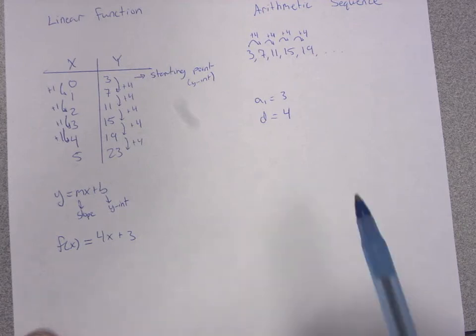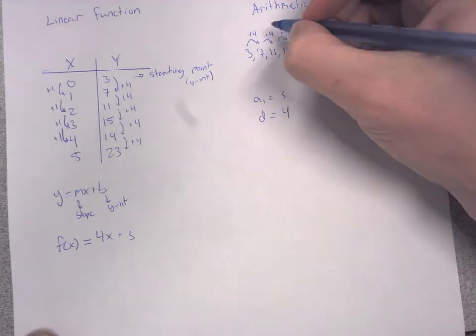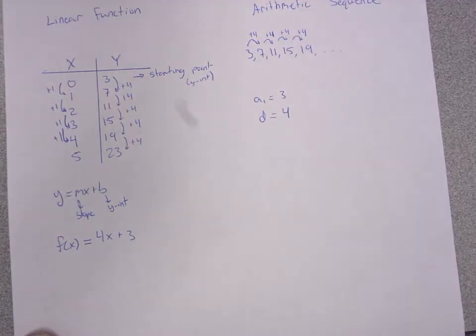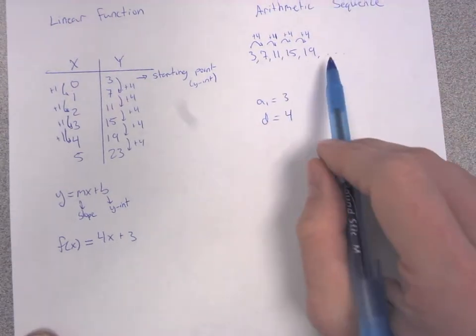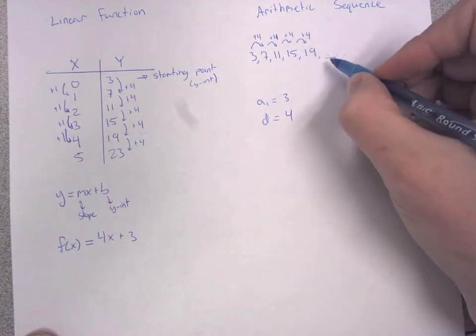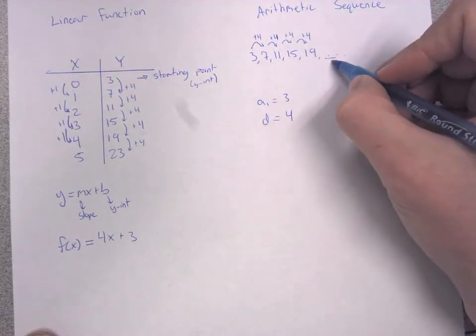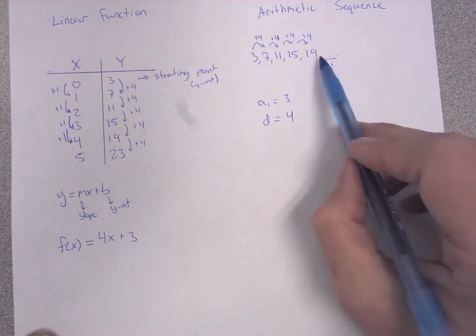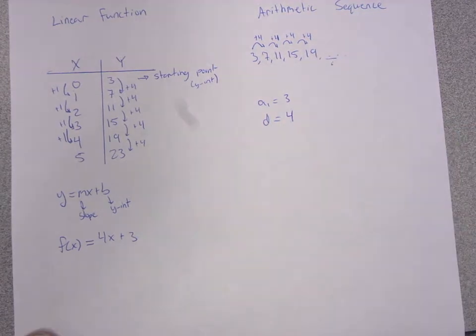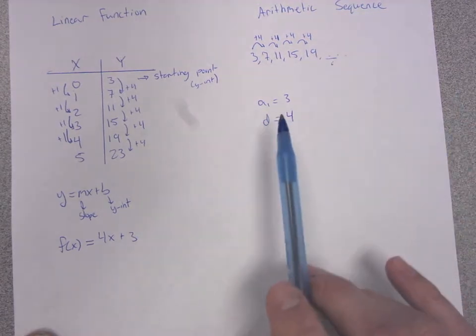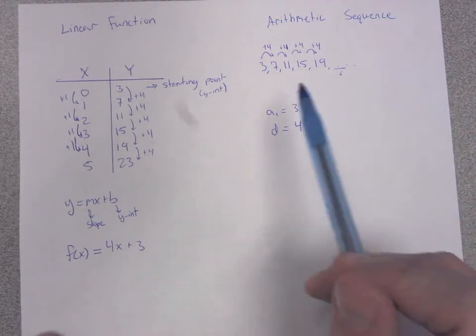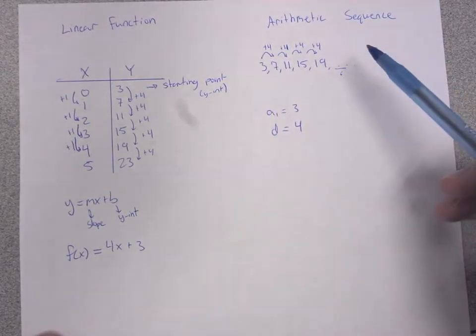If we were to take a look and see if we could find a pattern here. If you look at, let's say, the sixth term, this is going to be 19 plus 4, which of course will be 23. But what I want you to notice here, something that's important, is that we don't have as many 4s.